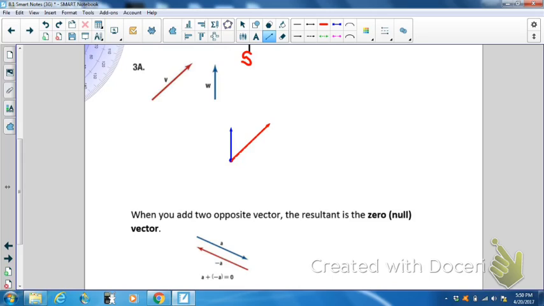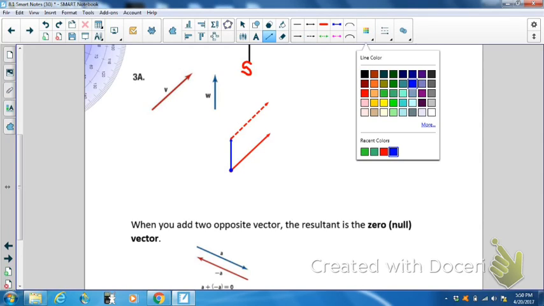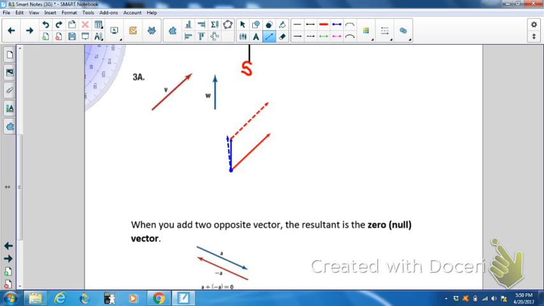So I want to make a side that's parallel to V here. Let's see if I can get it to move. There we go. And then one that's parallel to W. Okay, so there's our completed parallelogram.